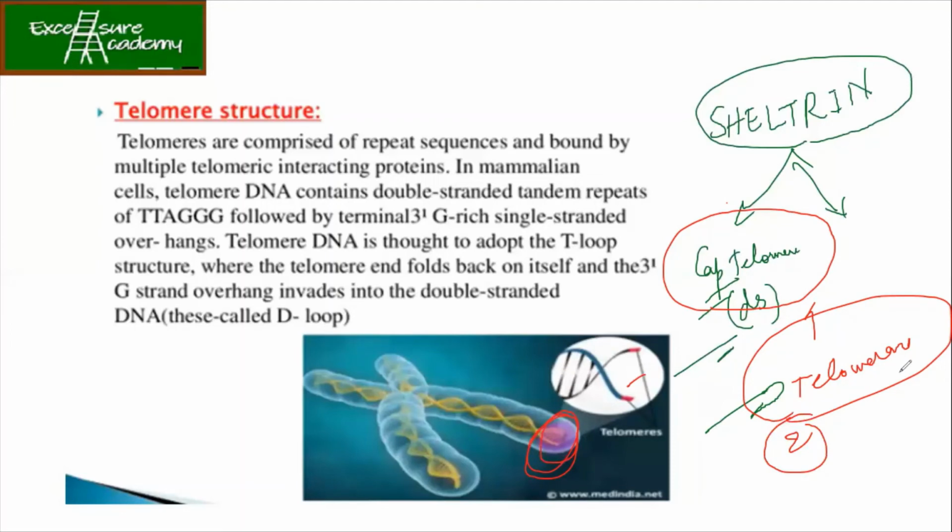Shelterin is present in both the somatic as well as the stem cells. In stem cells, it is also helping in the recruitment of the telomerase, and in the somatic cells, where the telomerase is absent, it is helping in capping the telomeres. Is that clear? Yes. Okay.